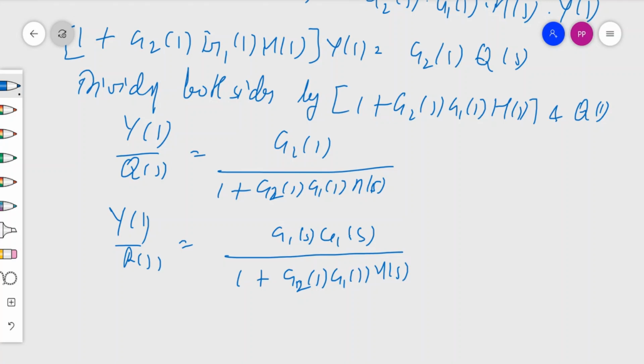So now we can express Ys by combining both these transfer functions together like this.